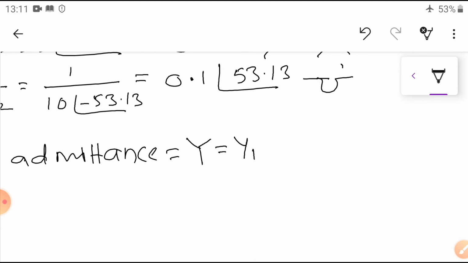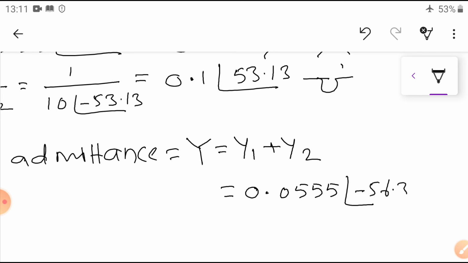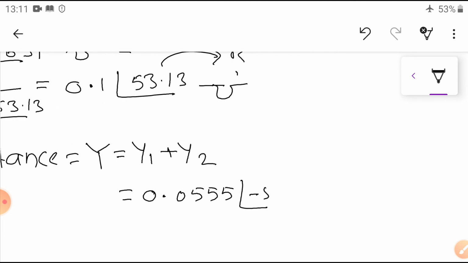Y1 is the value at an angle of minus 56.31, plus Y2, which is 0.1 at an angle of 53.13.